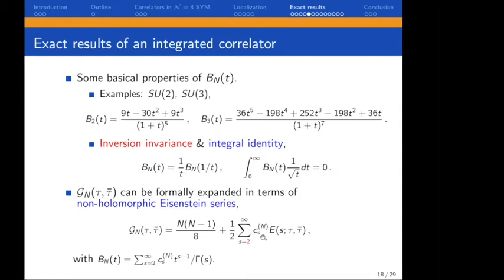And this coefficient can basically be computed from Bn, this rational function. So said in another way, this rational function is the generating function for this coefficient if I expand this integrated correlator in terms of Eisenstein series. Great.